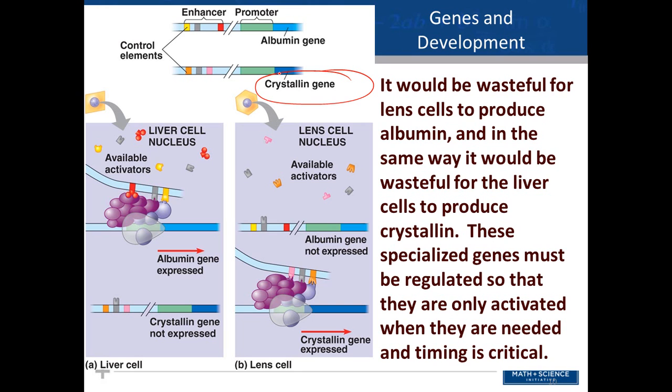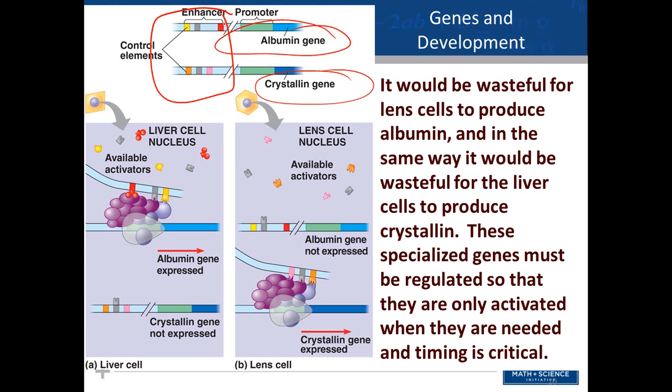On the other hand, it would be very wasteful if you had a lens cell, and that lens cell was producing an albumin product that is necessary for the liver. And so there has to be some sort of control element that will activate the genes at the correct time.